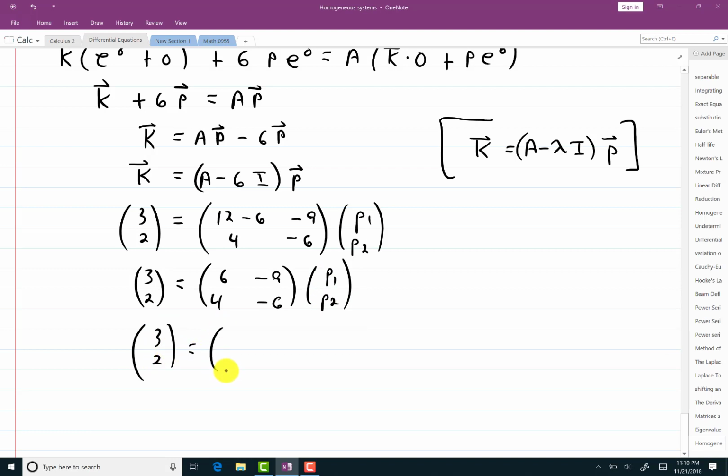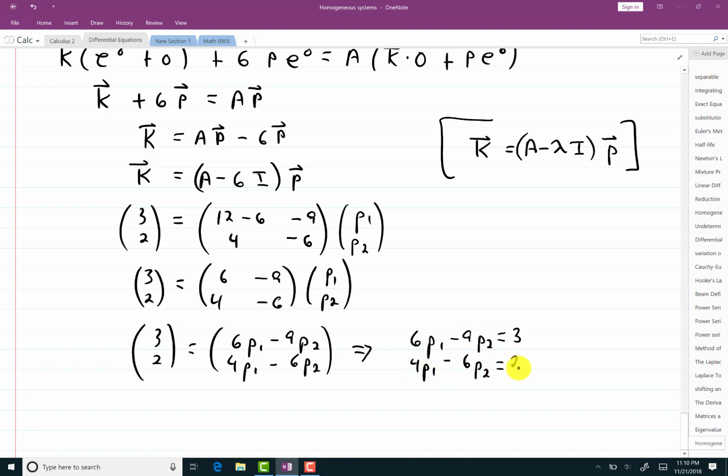Let me do my multiplication. You do 6 times p1 minus 9 times p2. On the second part, you get 4p1 minus 6p2. And so you do get a system of equations. You get 6p1 minus 9p2 equals 3. And then I got 4p1 minus 6p2 equals 2.